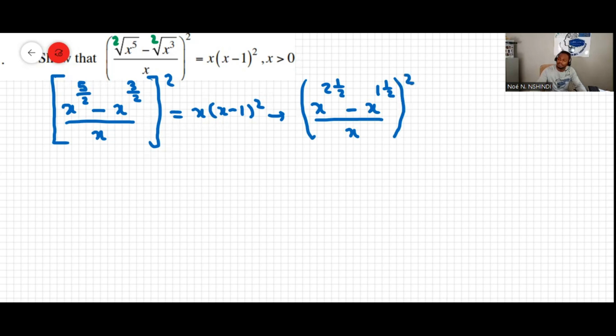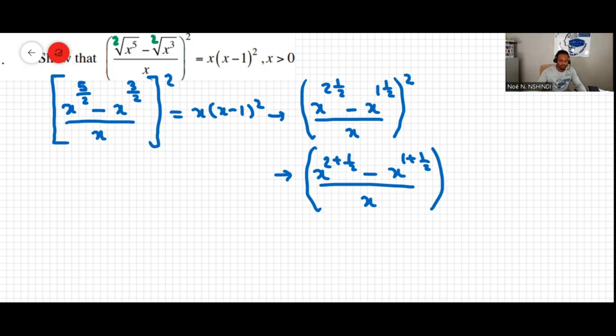Now 2.5 is like 2 plus a half, and 1.5 is 1 plus a half. So we can write x to the power of 2 plus a half, minus x to the power of 1 plus a half, all over x, to the power of 2.